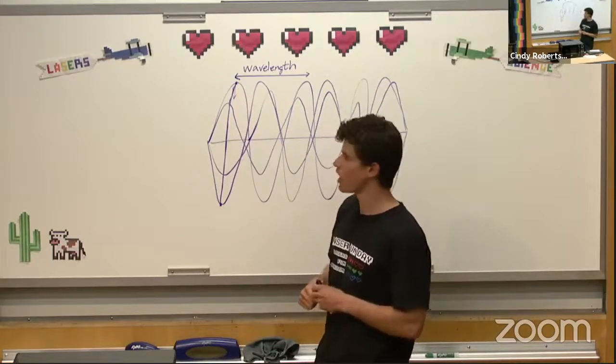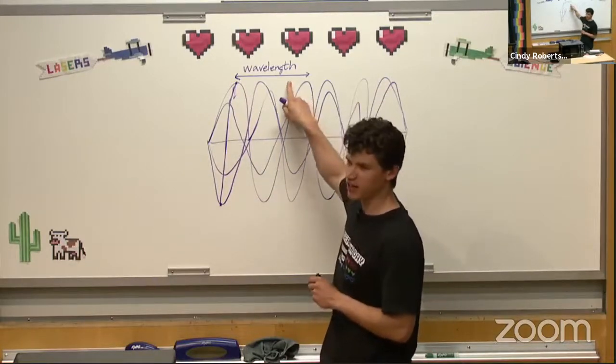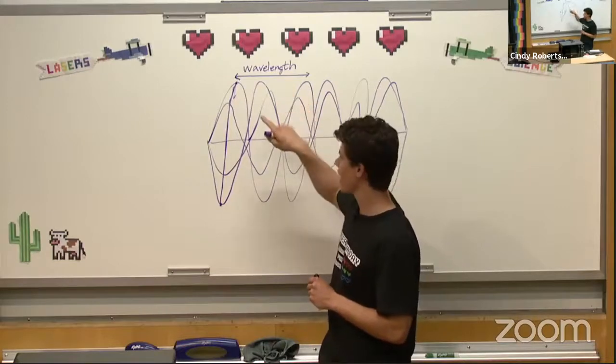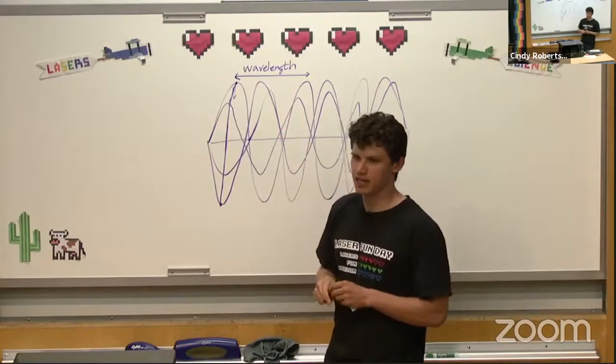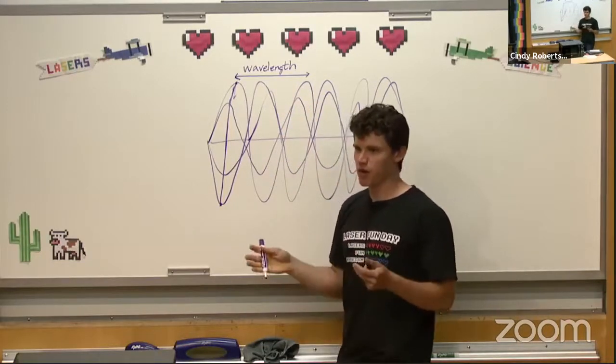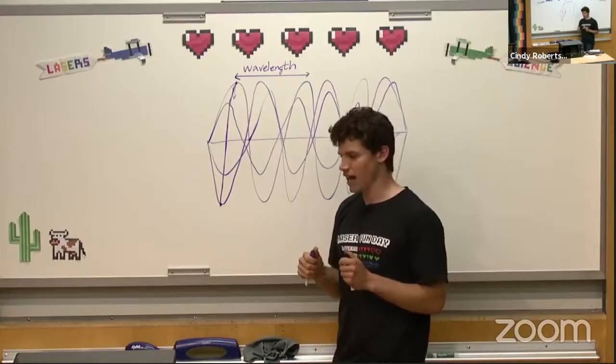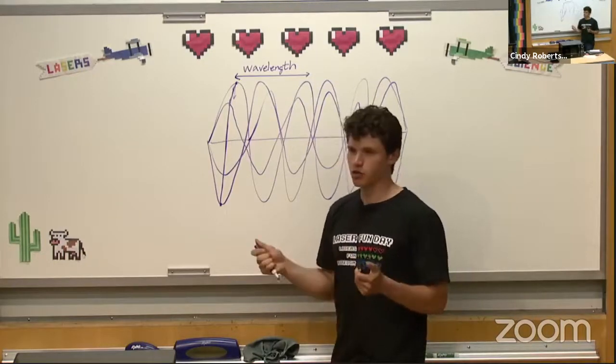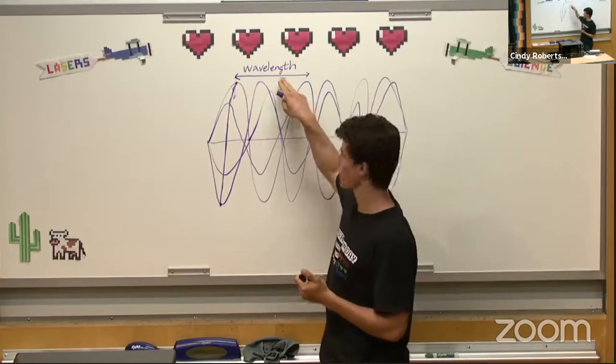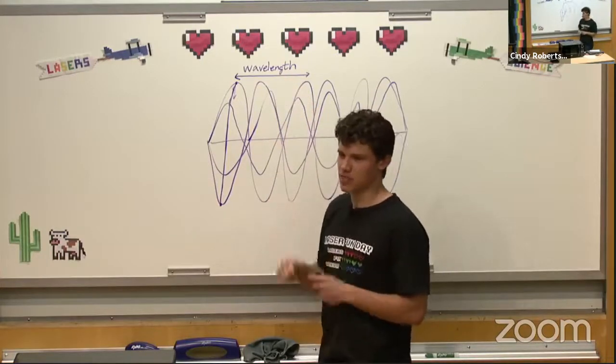So now we know about the wavelength of a wave and the frequency of a wave. The reason why we want to know these is there's a really cool relationship between the wavelength, the frequency, and also the speed of the wave.